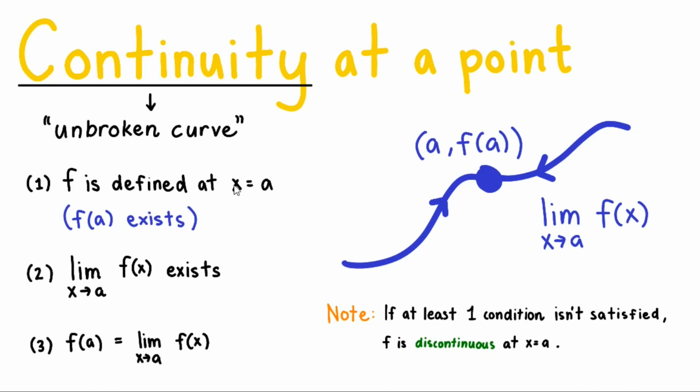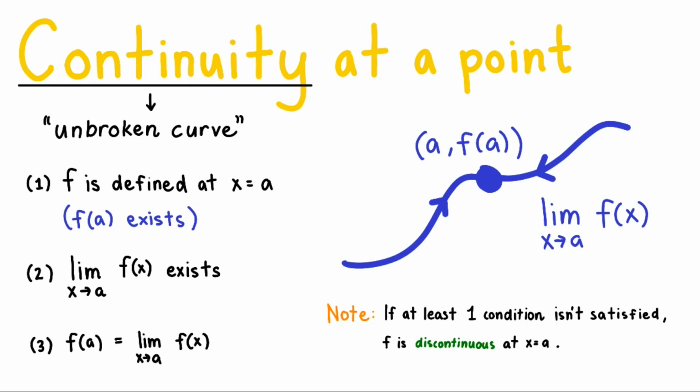Since if one of these conditions isn't satisfied, then we aren't sure that the curve goes like this, or it's straight, no gaps rather. So take note of these three conditions, since this is what we'll be using in determining if a given function is continuous at a given point.